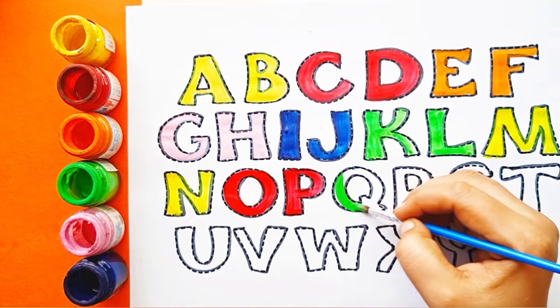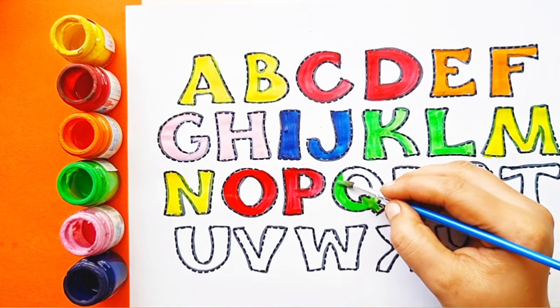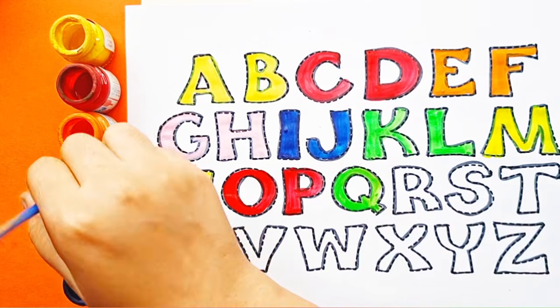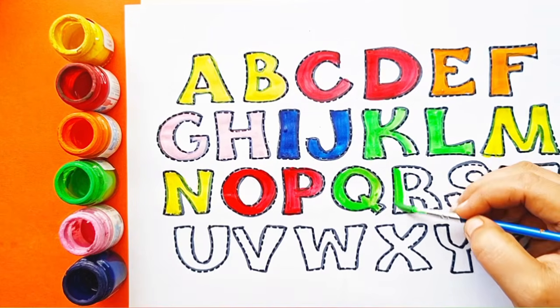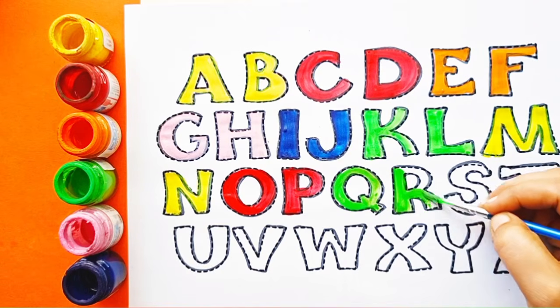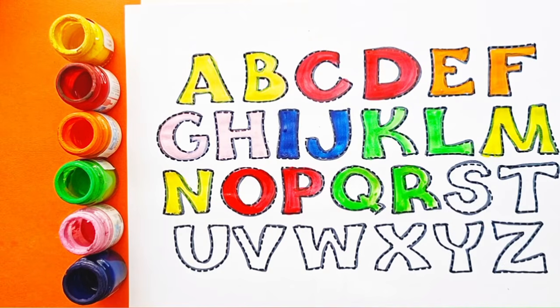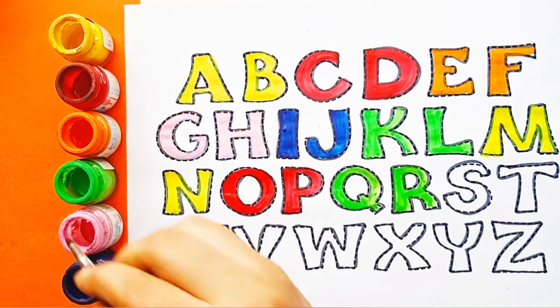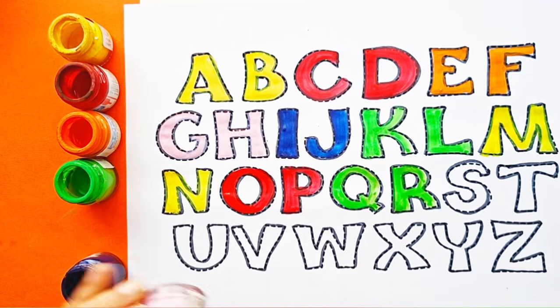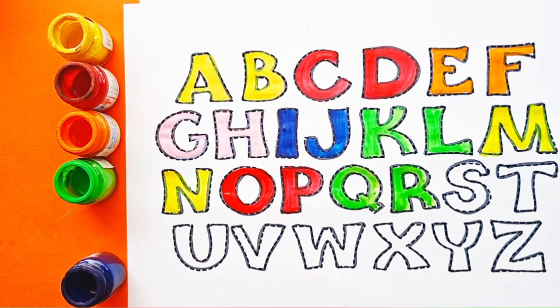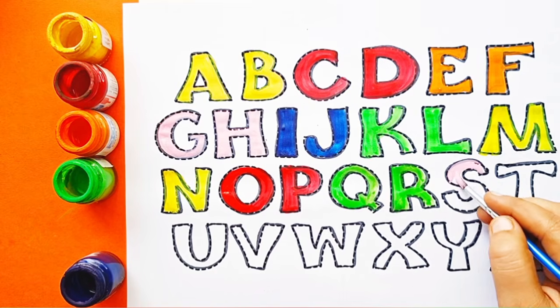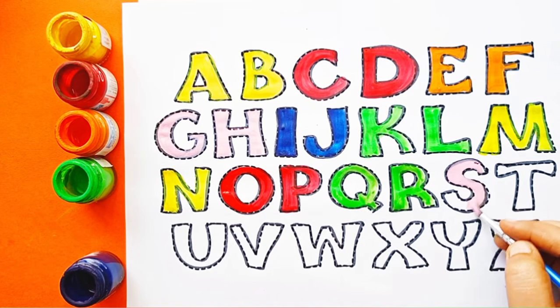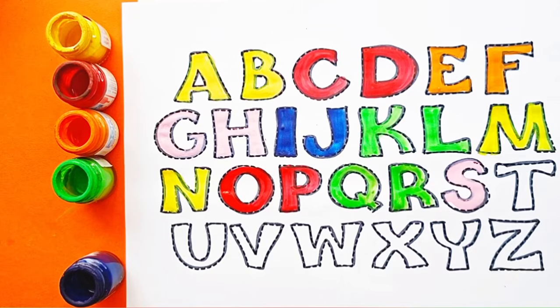Green color. Q. Q for queen. R. R for rose. Pink color. S. S for sun.